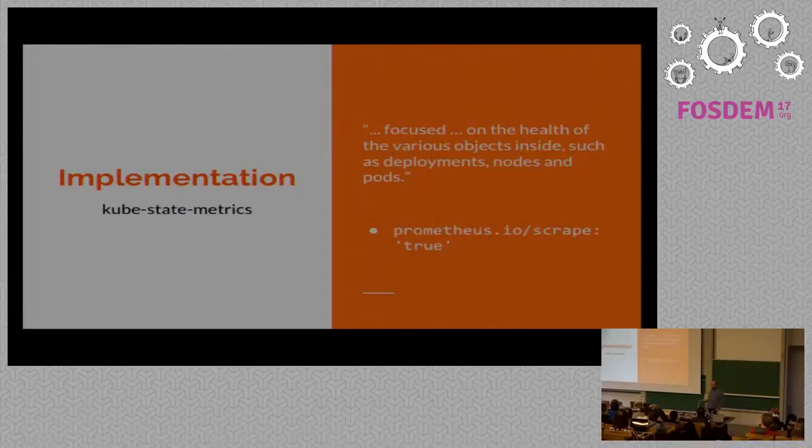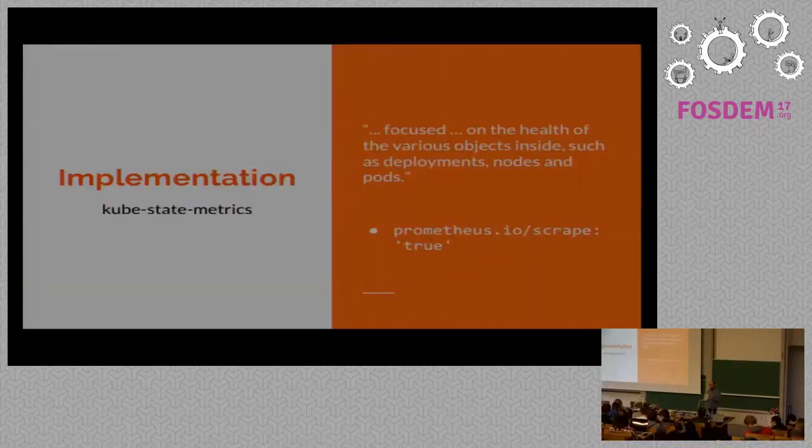One third component is kube-state-metrics. It's a project I found on Kubernetes itself. This one is focused on the health of, not the API or the cAdvisor metrics that Prometheus already scrapes, but it exposes metrics, for example, deployment health, node health, pod health.